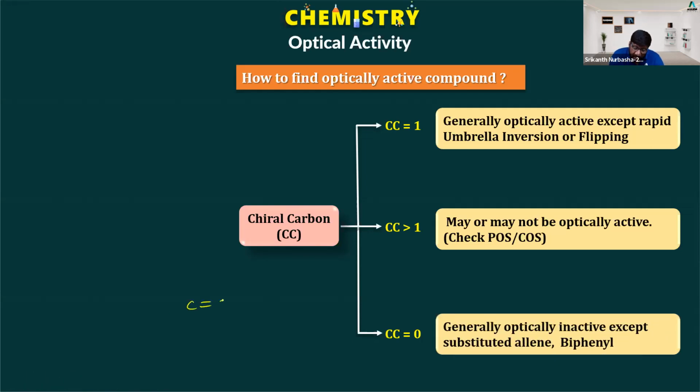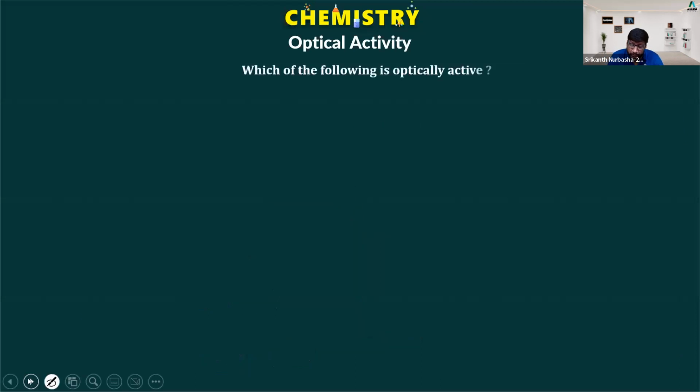Alkenes mean C double bond C systems. Biphenyls means the biphenyl systems. In alkenes and biphenyls, you can have optical activity, although we do not have any chiral carbons. Okay, we are going to start one by one.